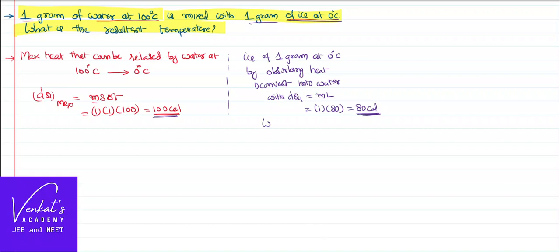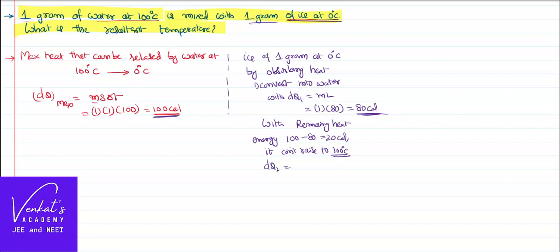Now, with the remaining heat energy, what is the remaining heat energy? Out of 100, 80 is already gone. 100 minus 80, that is 20 calories. It can't rise to 100 degrees centigrade, obviously, because to rise to 100 degrees centigrade, how much heat is required? Ms delta T. M is 1, specific heat is 1 because ice is already converted into water.